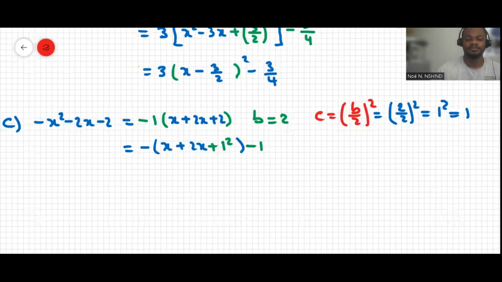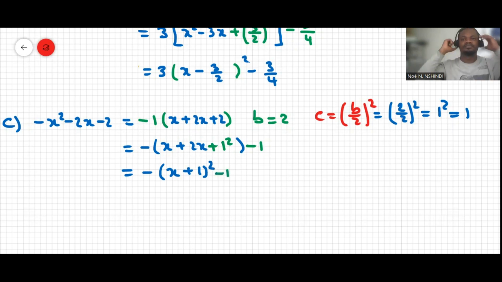And then this will be negative, and I want to say here x, and then I just want to take the basis: x plus 1 to the power of 2, minus 1. That was question C. And then we can also do question D.